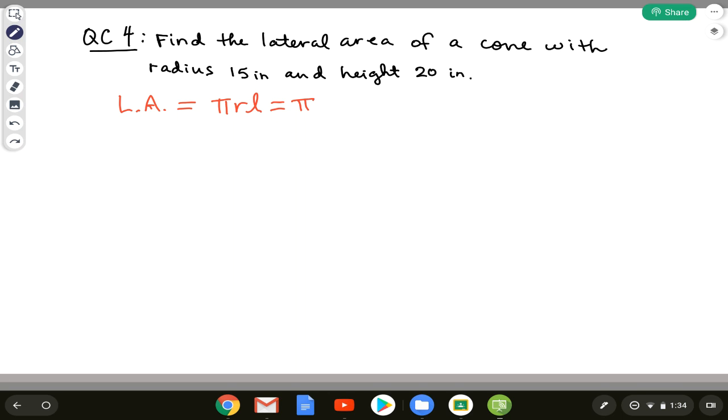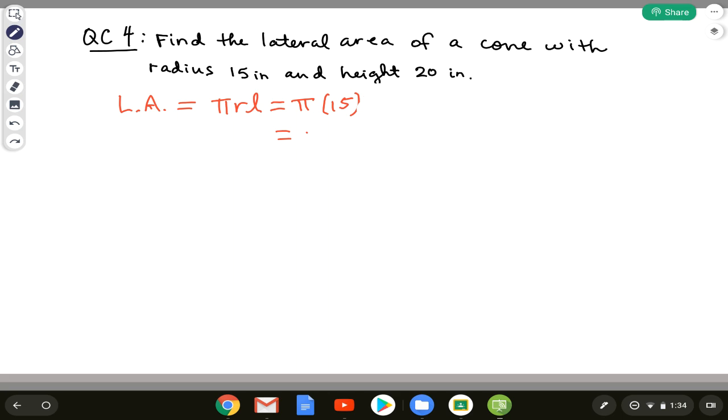So it'll be pi times 15 times 20. That will end up being 375 pi. Wait. I'm sorry, we don't know the L yet. I knew there was one of these where we had to find it. I was thinking it was the other one.